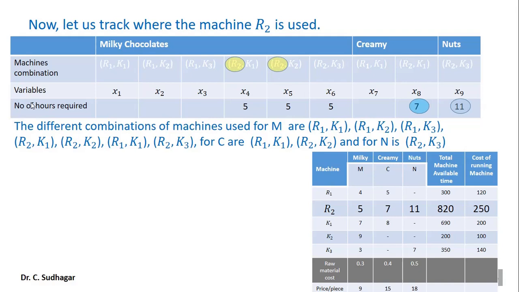R2 is used at these two places, three places, and for creamy chocolate also it is used. The timing for milky chocolate is 5. It is given in the table. Now put 5 in all the places. For creamy chocolate 7 hours, and for nuts chocolate it is used for 11 hours. So we put everything in the table.